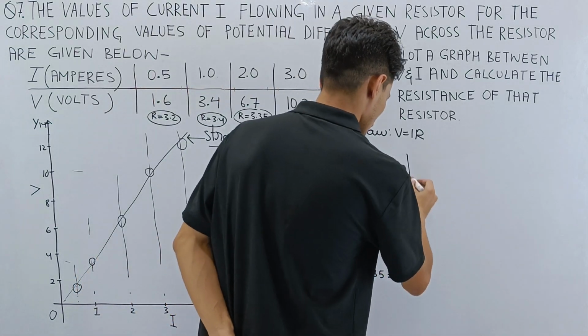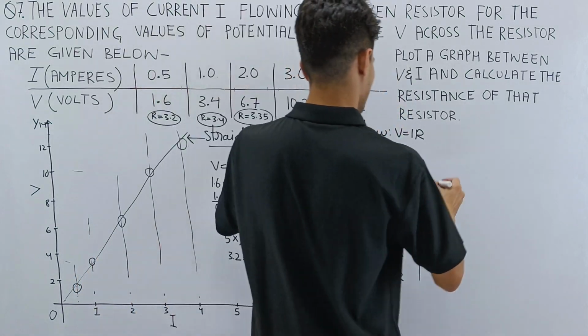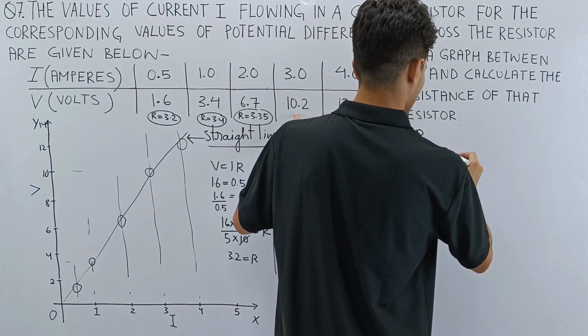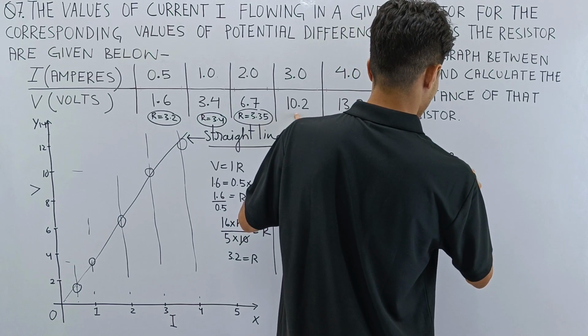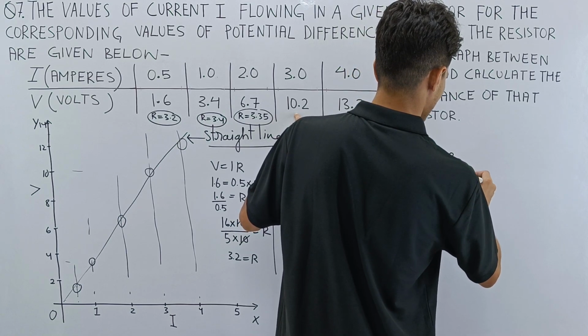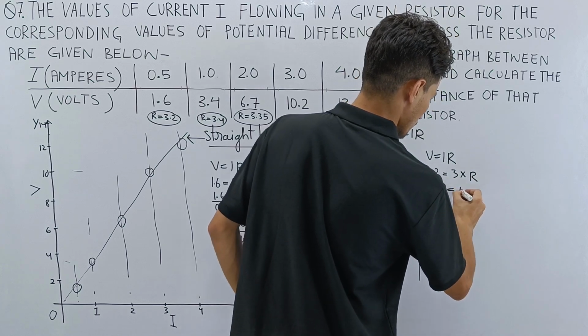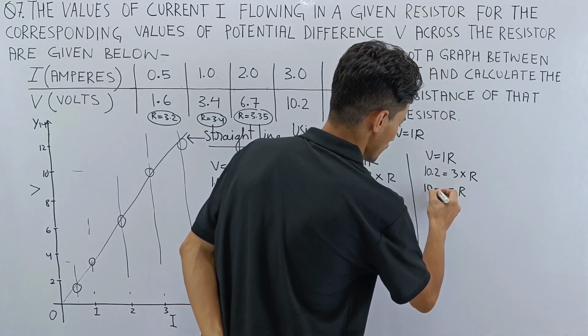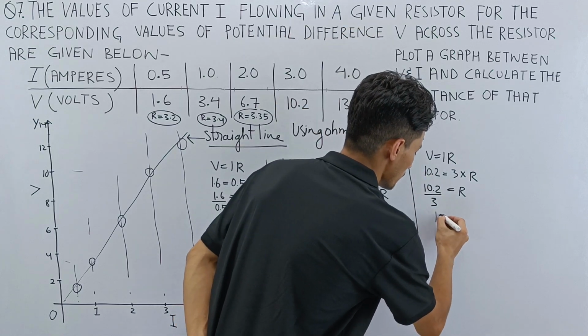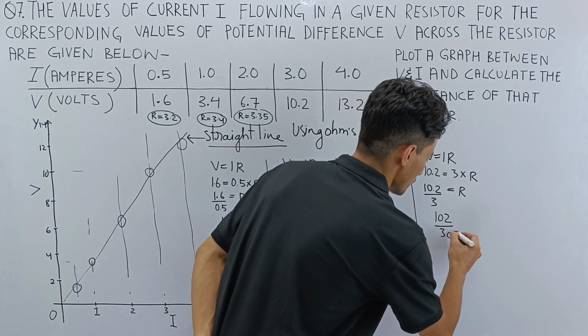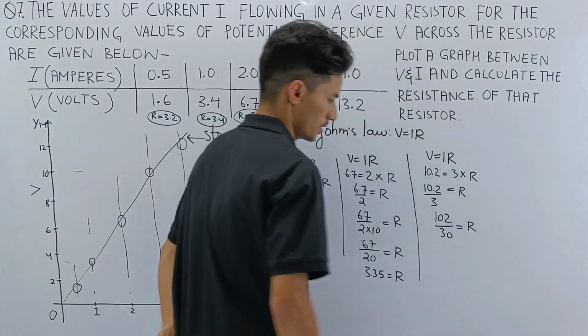Next, we'll find for the fourth set. V is equal to IR, and then V value is 10.2, I value is 3, R is R, keep it there. 10.2 divided by 3. Remove the decimal from 10.2, you write 102, and you get 30 below.